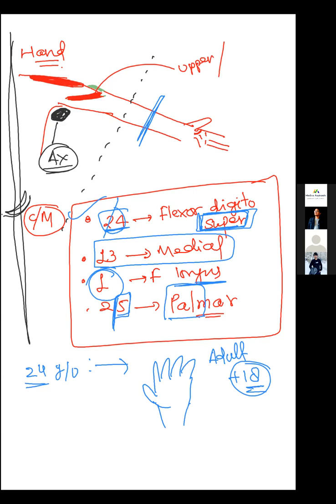Whenever in the question there is the second and fourth finger, just write down with a pencil or pen 24. Then in the answers, look for super. You will get the answer. When you see 13, just remember that it is not pediatric, it is the middle one. That's why it is medial.